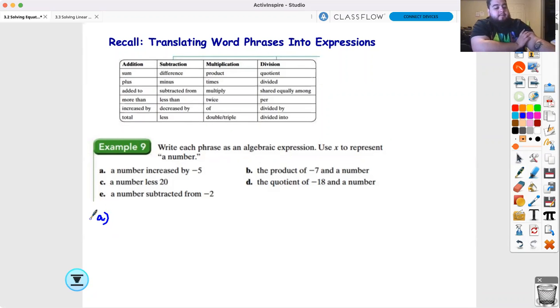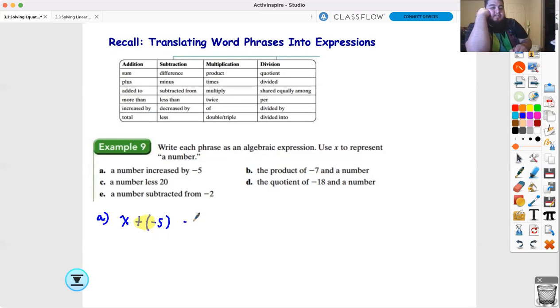So let's take a look at A. A number, remember, this is the example, so I'm going to take charge of it. A number, we can call a number X, right? So that's a number increased by, and we know increased by is addition, by -5. But remember, in mathematics, we don't really add negative numbers.